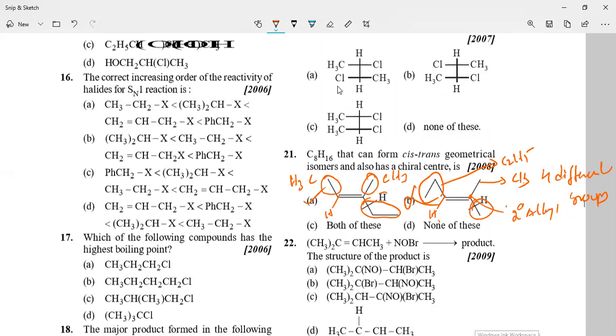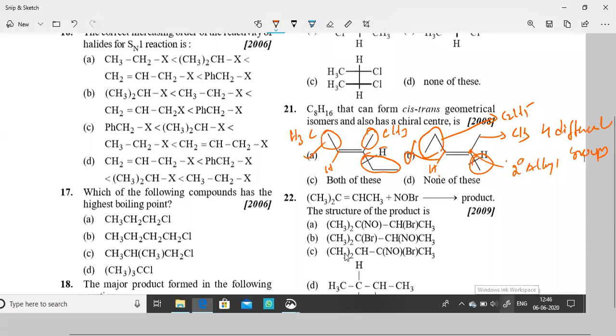Next, coming to 22nd question. If you take this compound, CH3 double bond CH3, we are adding NOBr. When we are adding NOBr, NO is having which charge? NO will be having plus charge, and Br is having minus.